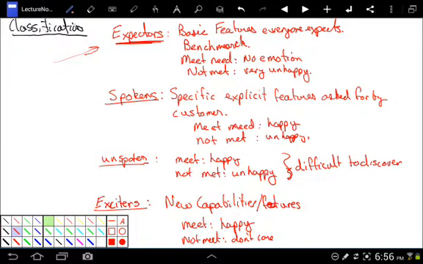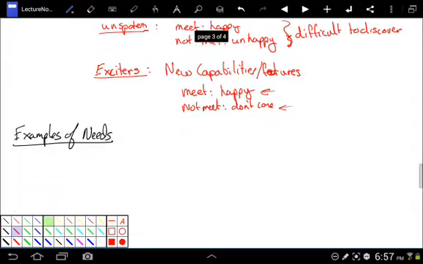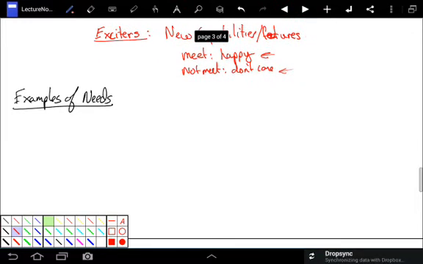If they're not met, they're unhappy, and you have to decide the level of influence that you have on their happiness. And then exciters may be on the bottom of the list. If you can do it, great, people are happy. If you can't, oh well, we'll try it for the next time. So these can help you organize and figure out the different weights for your products.